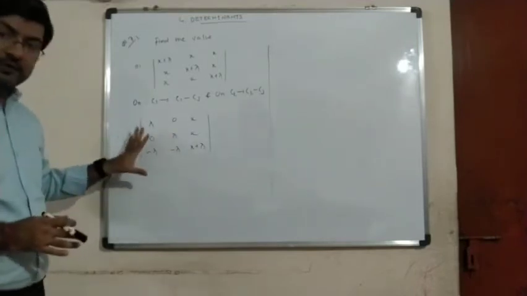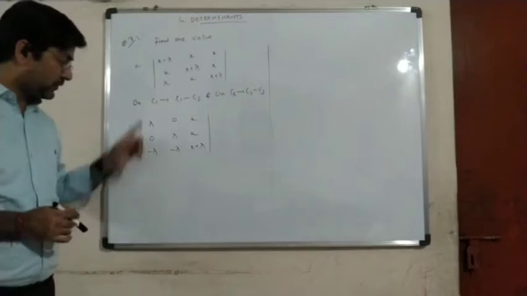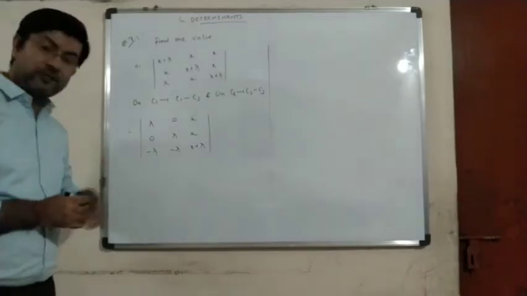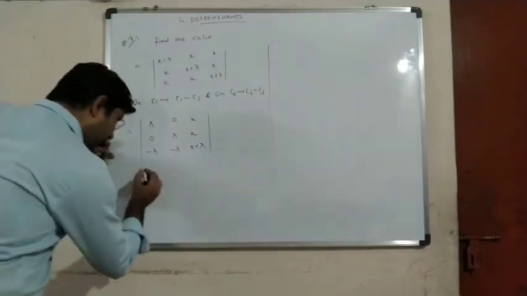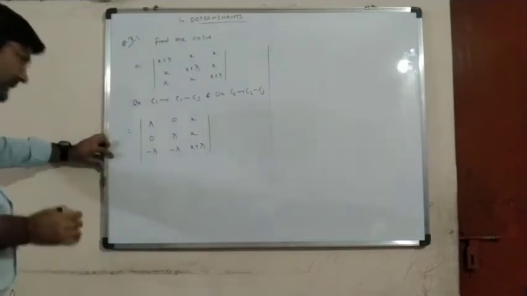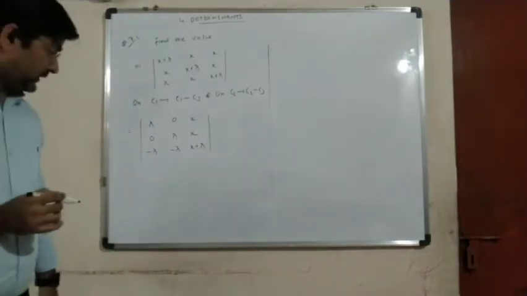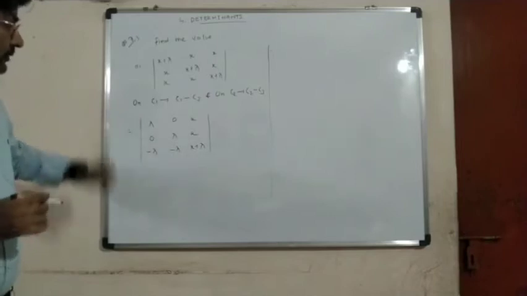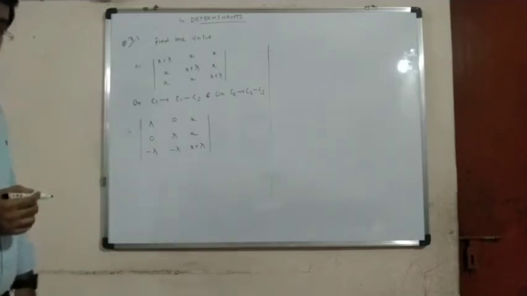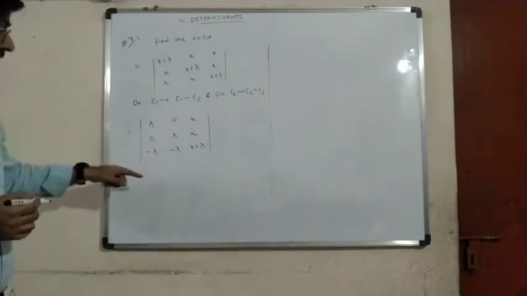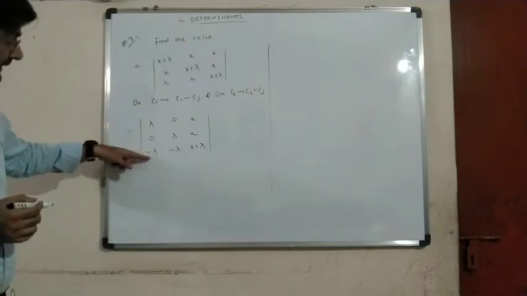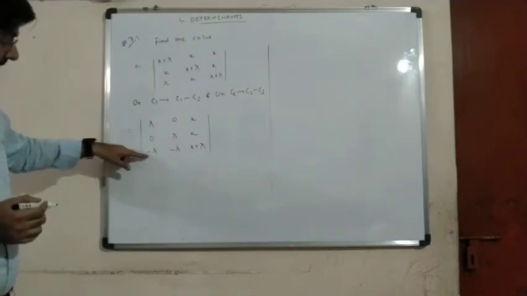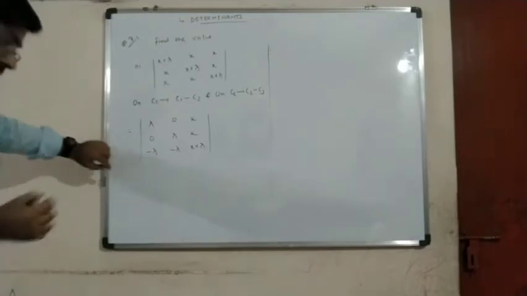So let us keep up to here, and now we will expand along the first column or first row. You can take lambda common if you want. Clear? One more step, we can add R1 on R3, so that one more 0 we will get.